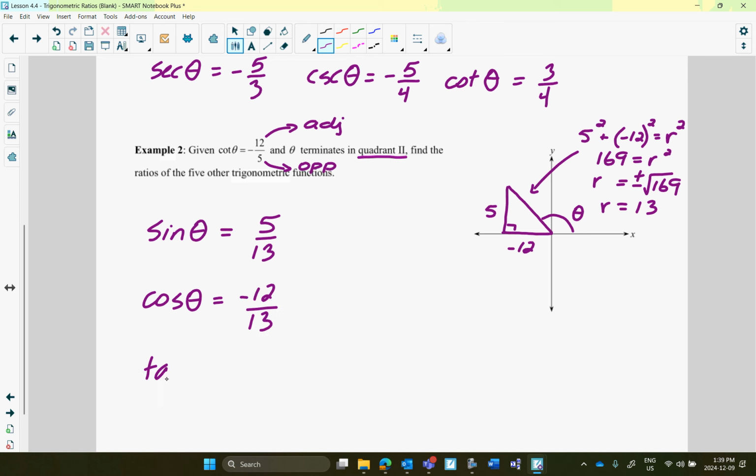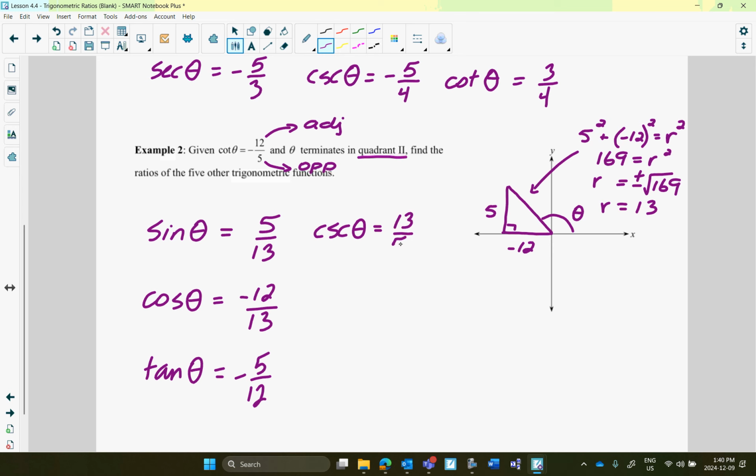Tan is 5 over negative 12, or just negative 5/12. Either one's fine. Notice that makes sense, doesn't it? Because if I flip this, it becomes tan. So it makes sense. The only other two, secant, or sorry, cosecant.